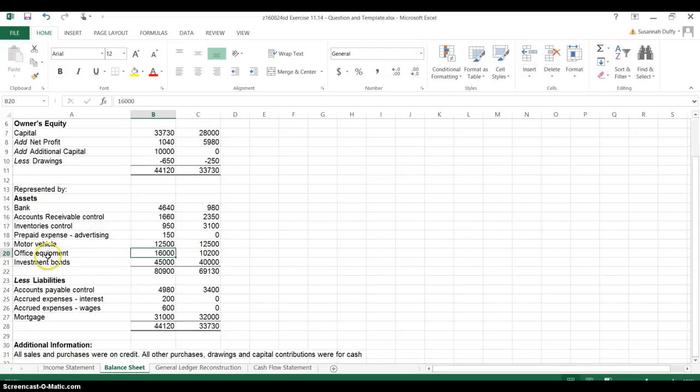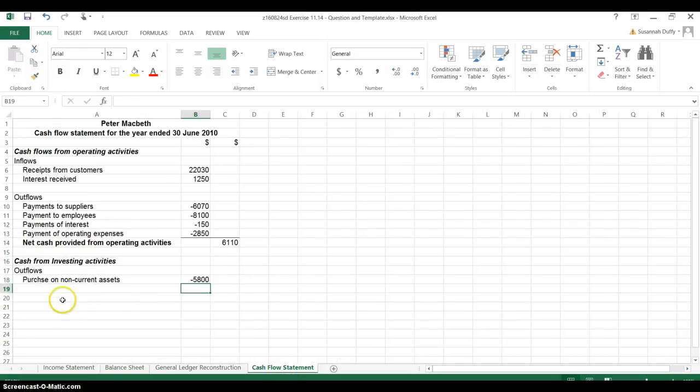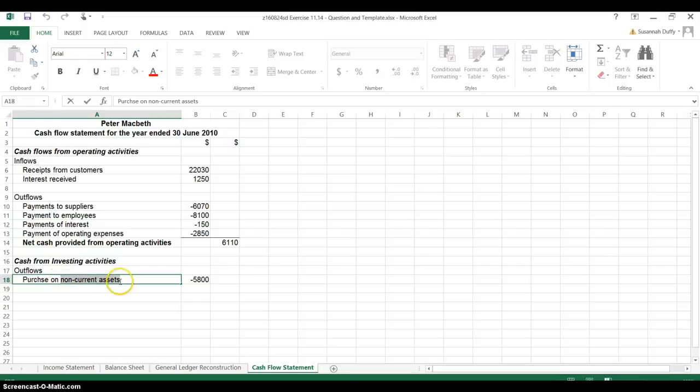However, there is here investment bonds have increased by $5,000. So again, we've got an outflow of cash. So it's probably better, in fact, to call this, actually, that's okay. We will just say purchase of investment bonds.